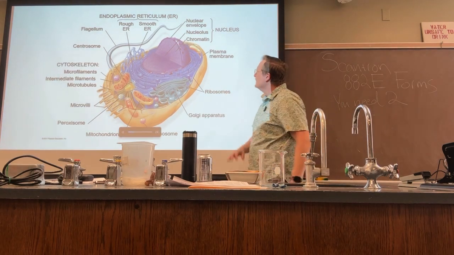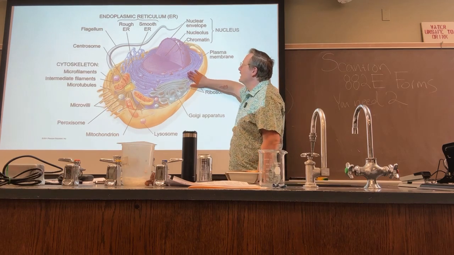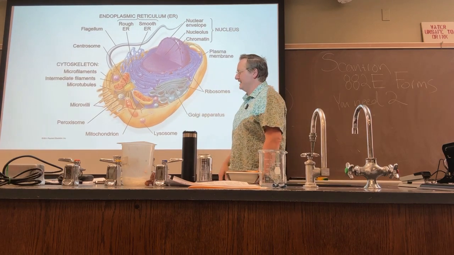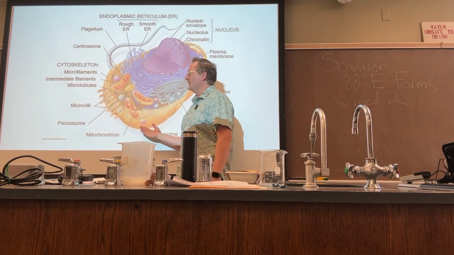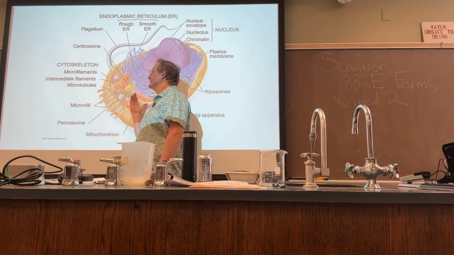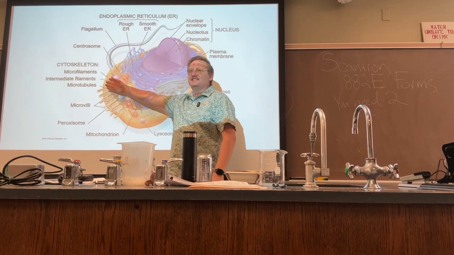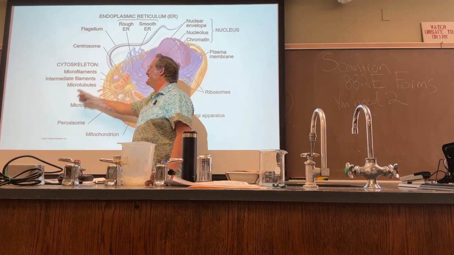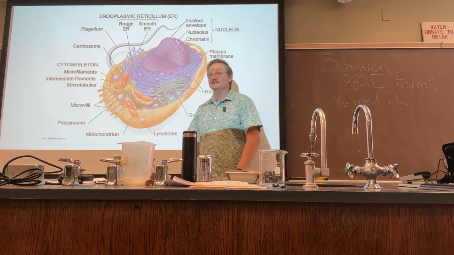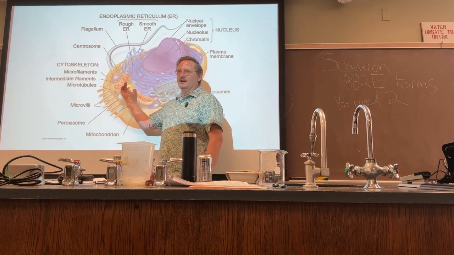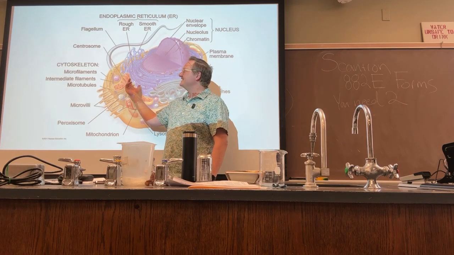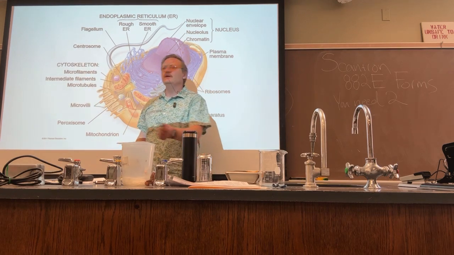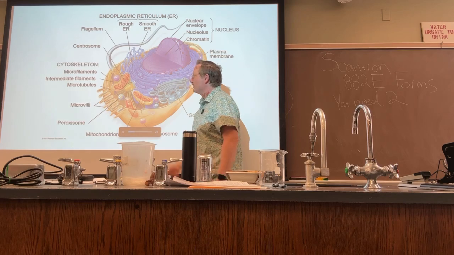Things like the endoplasmic reticulum, the Golgi apparatus, lysosomes, mitochondria, cytoskeletal elements, including microfilaments, intermediate filaments, and microtubules. A centrosome, which is essentially an organizing center for creating cytoskeletal elements. We don't talk about it very much.